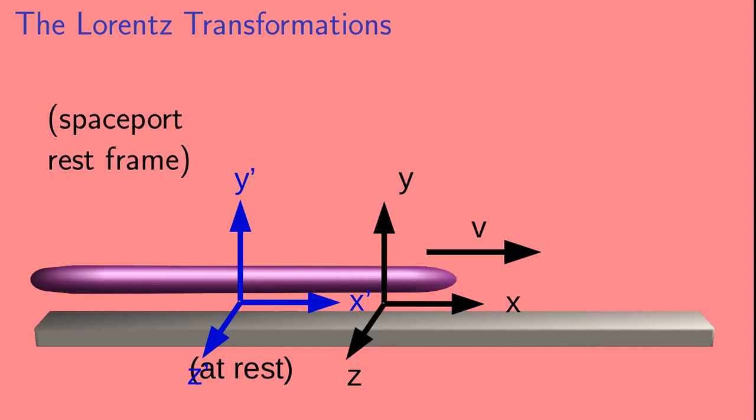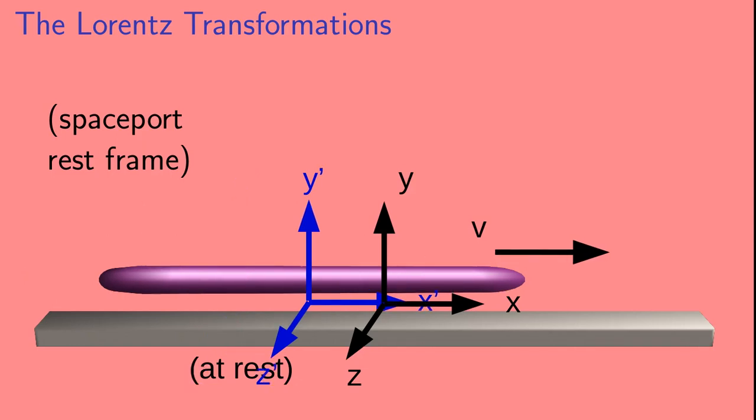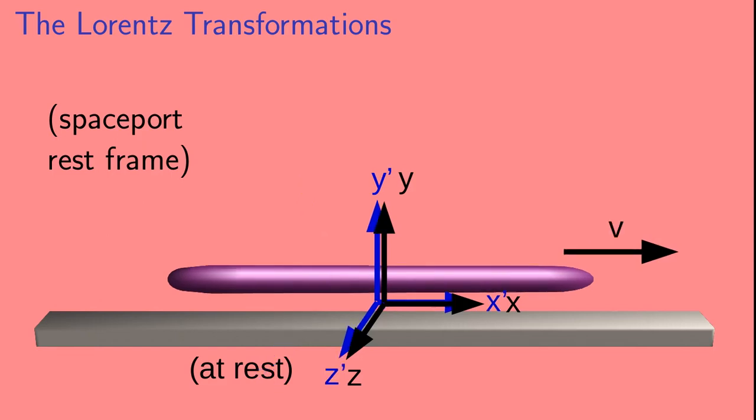Okay, so let's go back to the spaceport rest frame. The spaceship will fly by with velocity v. The axes of the spaceship coordinate system move with the spaceship. Both the spaceship crew and the observers stationed on the spaceport need to decide how to define the zero of their time coordinate.